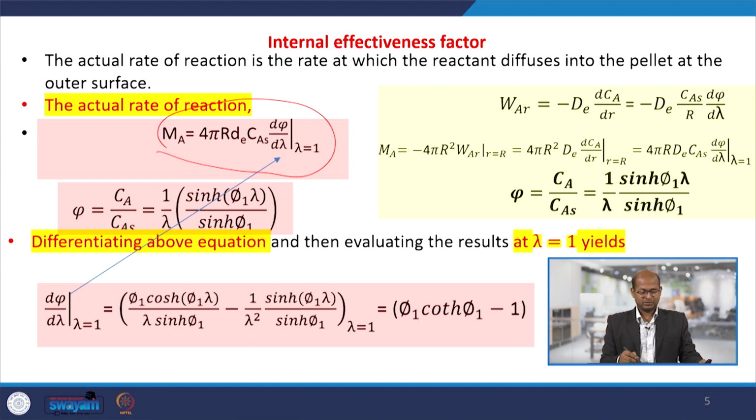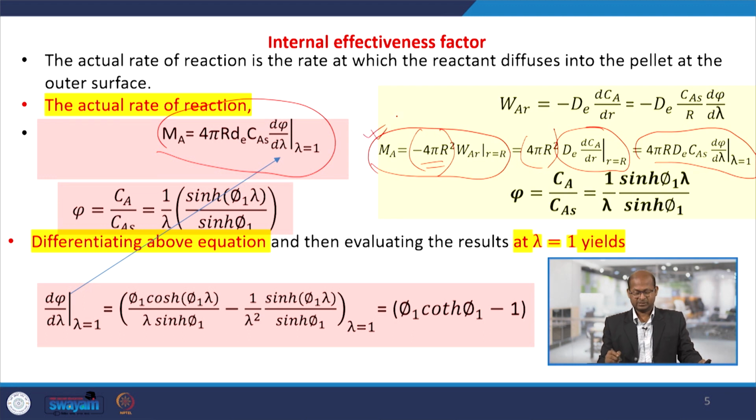I think M A we have defined as flux multiplied with area, and the flux equals this. So, in dimensionless form, M A, the rate of change of moles per unit time, is expressed as flux multiplied with the cross-sectional or surface area. Then M A at lambda equals 1 equals this.